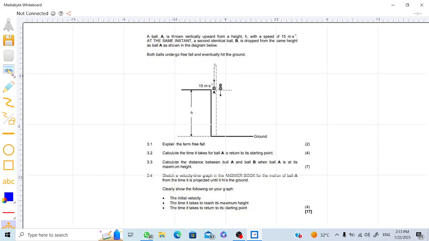Alright, let me do this and write data immediately. Data A for ball A, so Vi is equal to 15. Now which direction do I take as positive? Let me take downwards as positive, so that means this is negative 15.